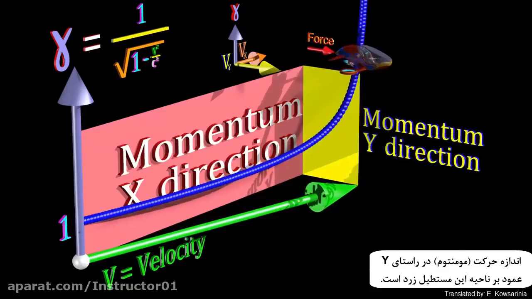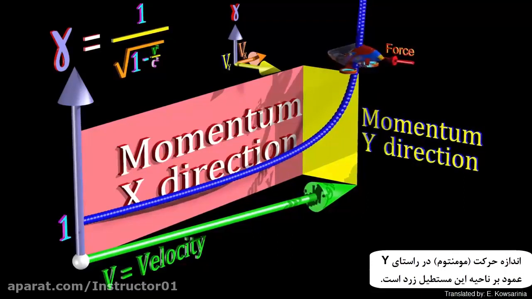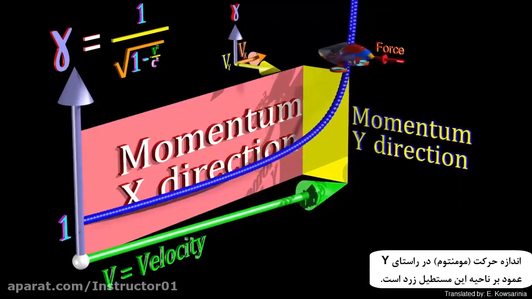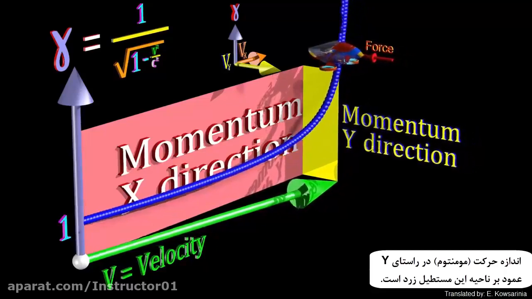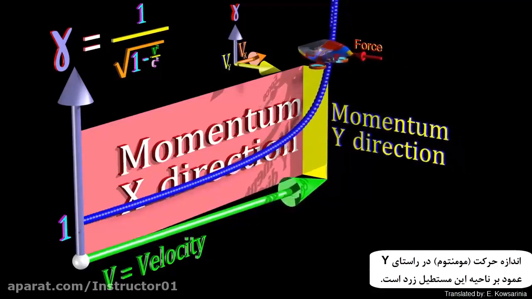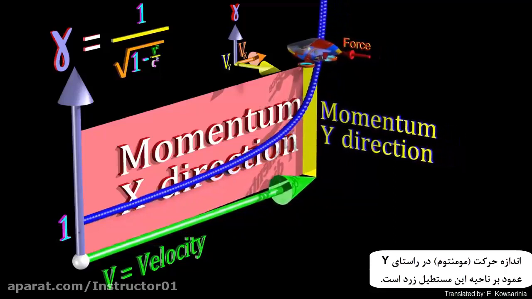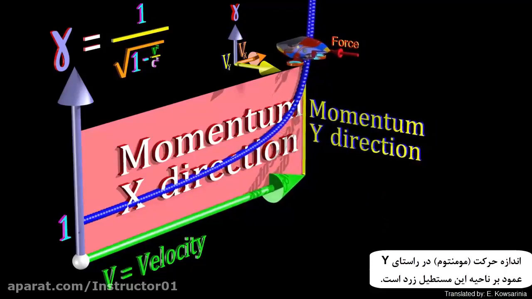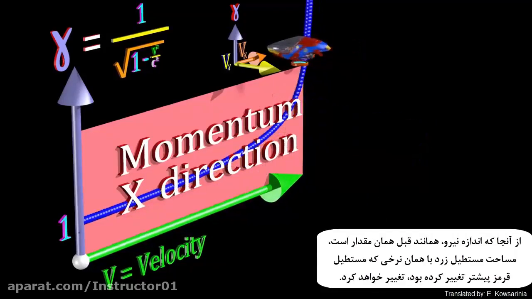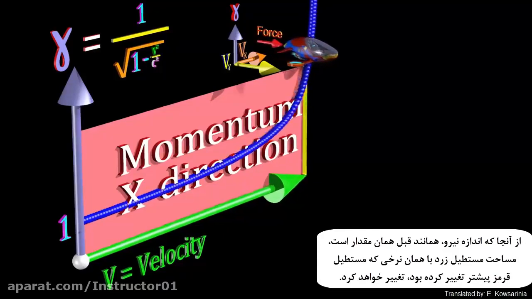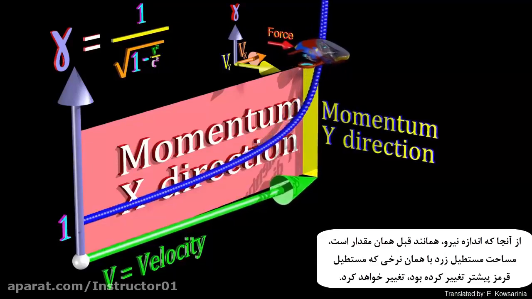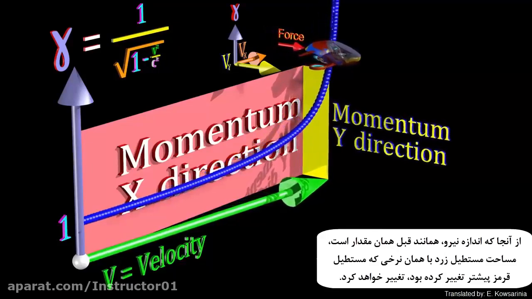The momentum in the y direction is proportional to the area of this yellow rectangle. Since the magnitude of the force is the same as before, the area of the yellow rectangle will change at the same rate as the red rectangle did previously.